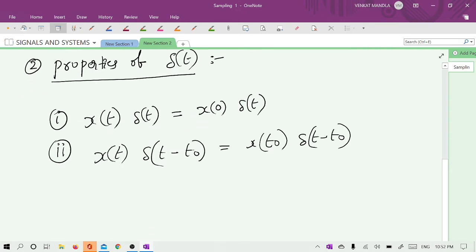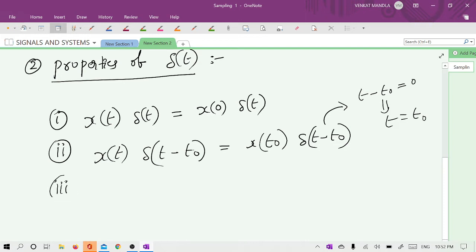And this del of t minus t naught has value at t equal to t naught, where t minus t naught equal to 0. Okay.